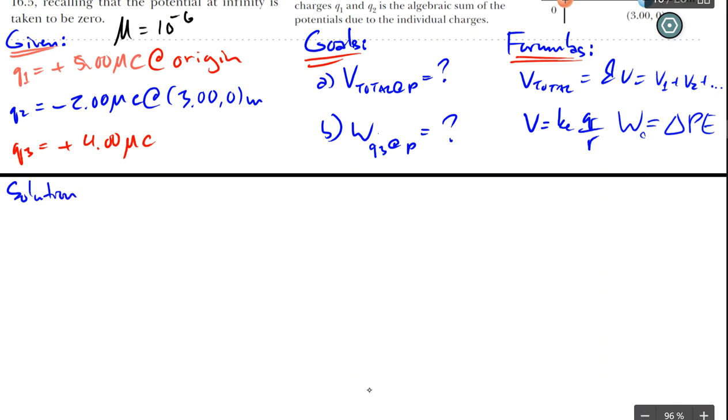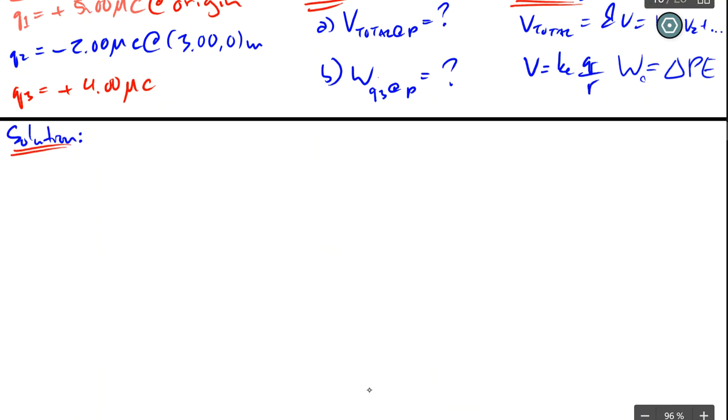The first thing we're trying to find is the total potential at point P. It's simply just that, and we're using the formula for potential right there.